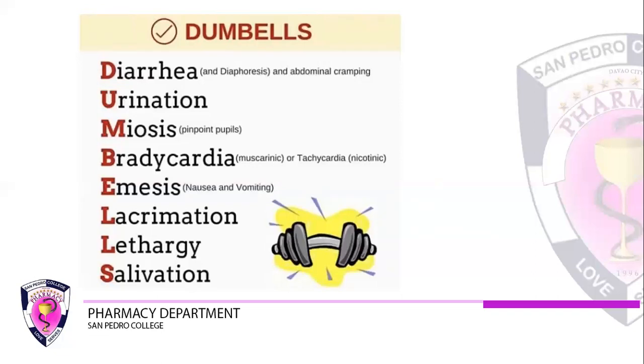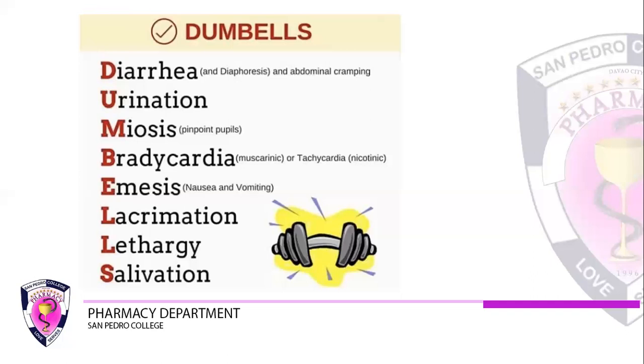Now, focusing on the B for DUMBBELS: bradycardia if muscarinic, tachycardia if nicotinic receptor. So remember natin yan. Bradycardia if ang acetylcholine magbind sa muscarinic, and tachycardia if magbind sa nicotinic.